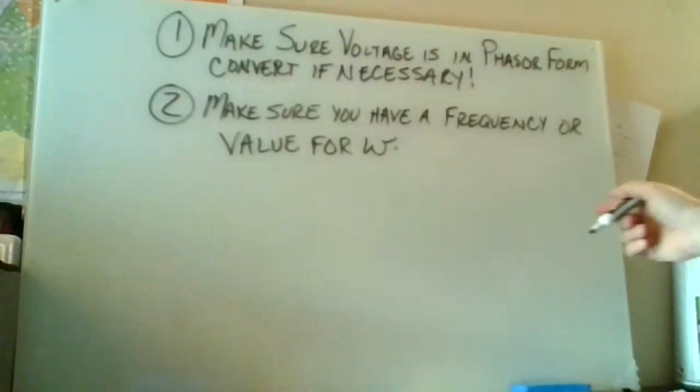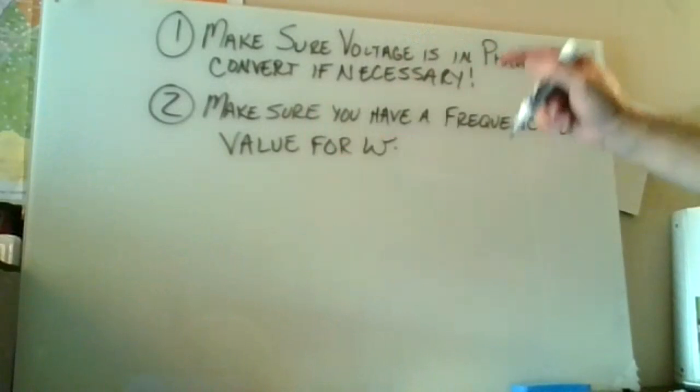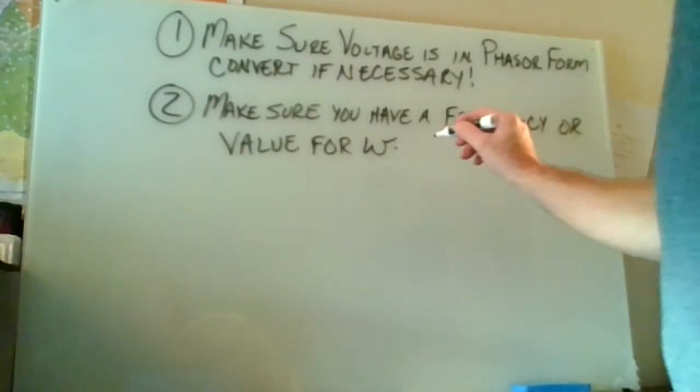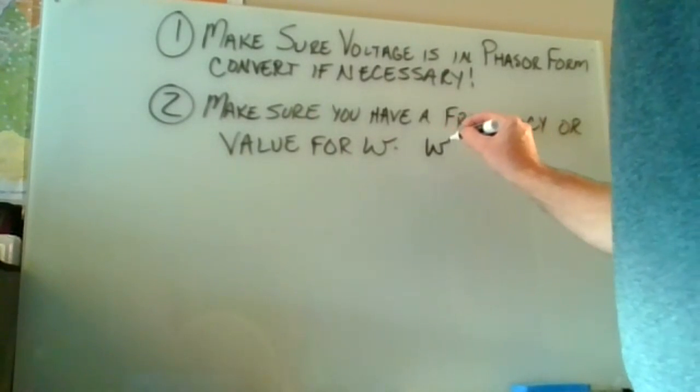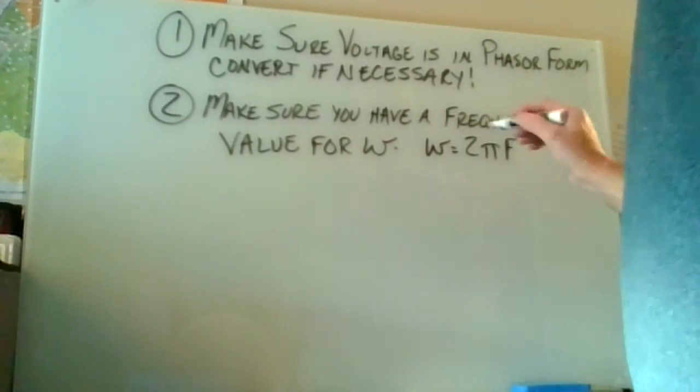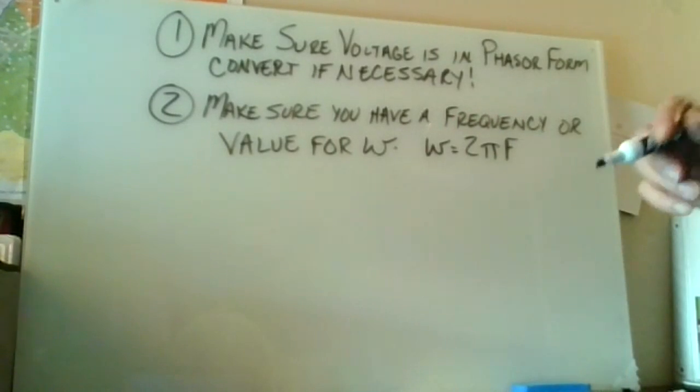So you want to make sure you have a frequency or you have a value for omega. You need one of the two. If you have the value for omega, you don't need the frequency because, I'm even going to write it in. Remember, omega is equal to 2 pi f. Okay.